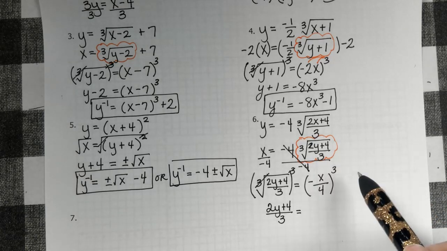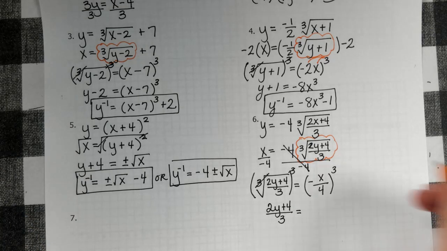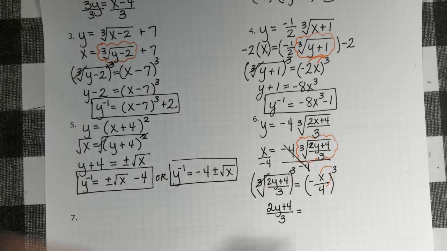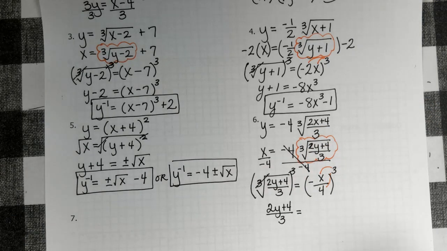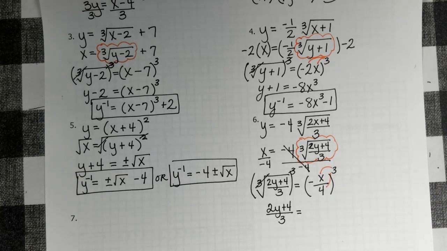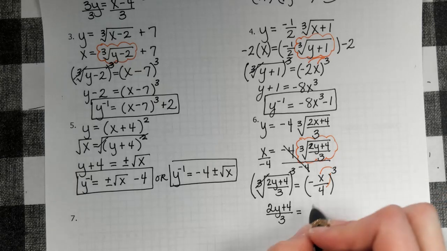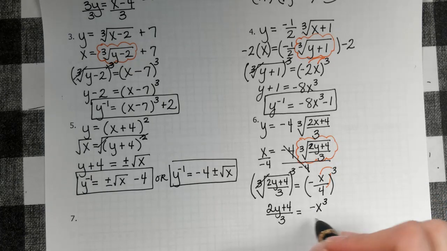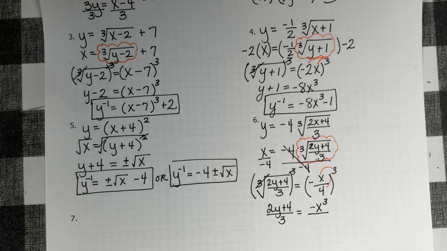Now when you cube -x over 4, the -x takes on the cube and the 4 takes on the cube. So -x as a whole being cubed, negative times negative times negative, still stays -x cubed. Then 4 cubed is going to give me what?